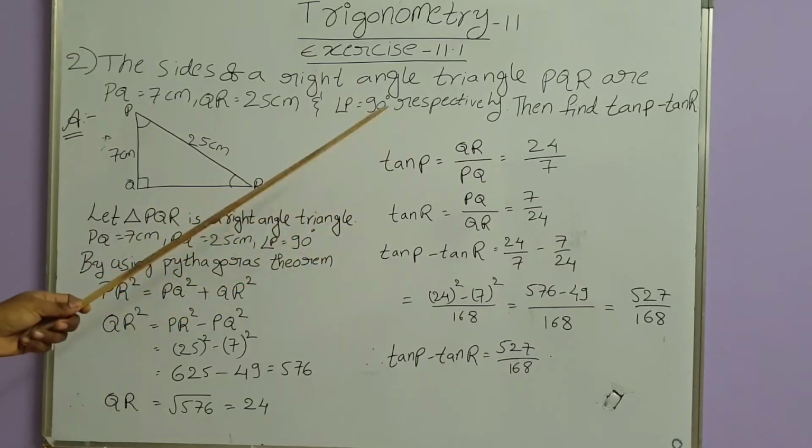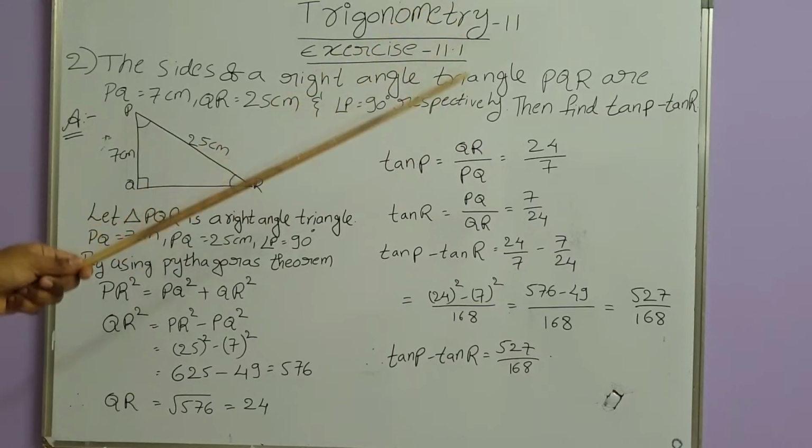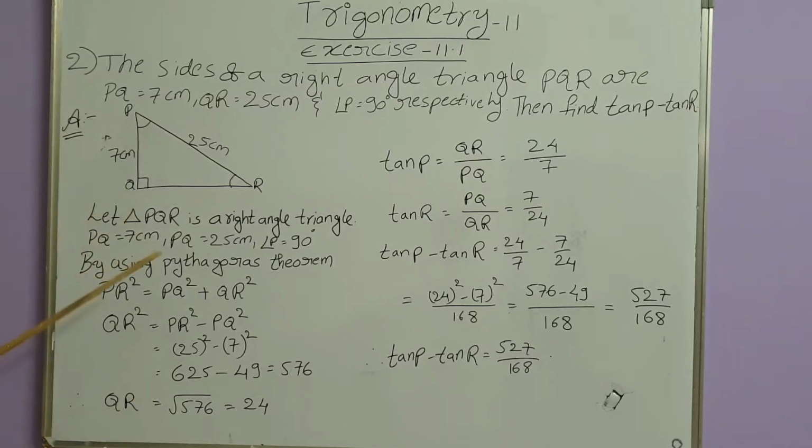Now I find tan P minus tan R. What is tan theta? Tan theta is opposite side by adjacent side. So now we find tan P. The opposite side is QR, which is 24, and the adjacent side is PQ, which is 7 centimeters.